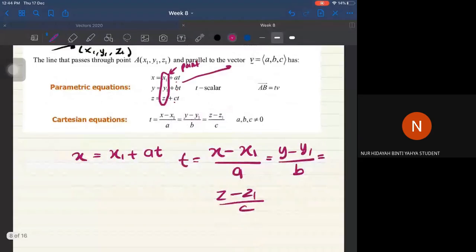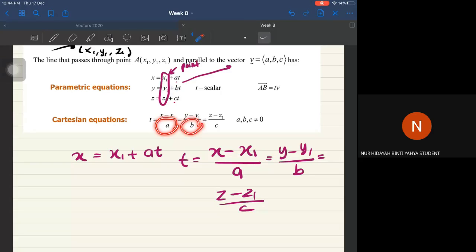Okay. So kalau diberi kepada awak Cartesian equation, yang bawah ni mewakili vektor. For Cartesian equation, yang bawah ni will represent you a vector dan x1, y1, z1 ni akan jadi point. Dan you kena ingat the general is x minus x1, y minus y1, z minus z1.